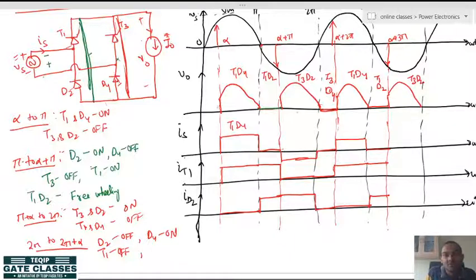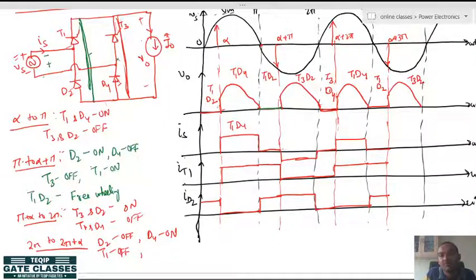So, prior to this circuit, which one should conduct? T1 and D2. Alright. So, prior to this, ID2 should be there or not? No, ID2 should not be, no, T1 and D2, yes, ID2 should be there. Okay.